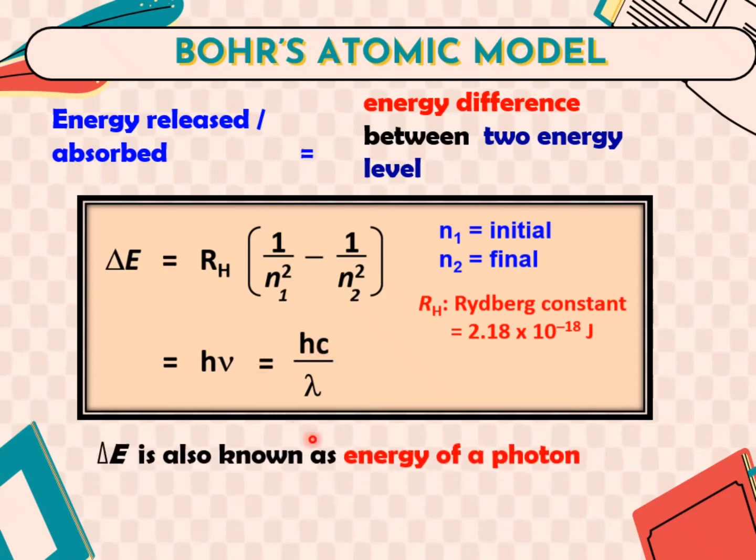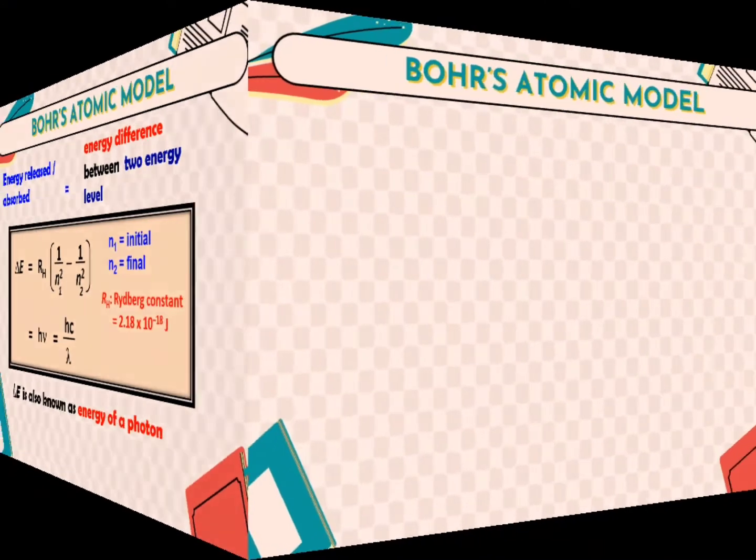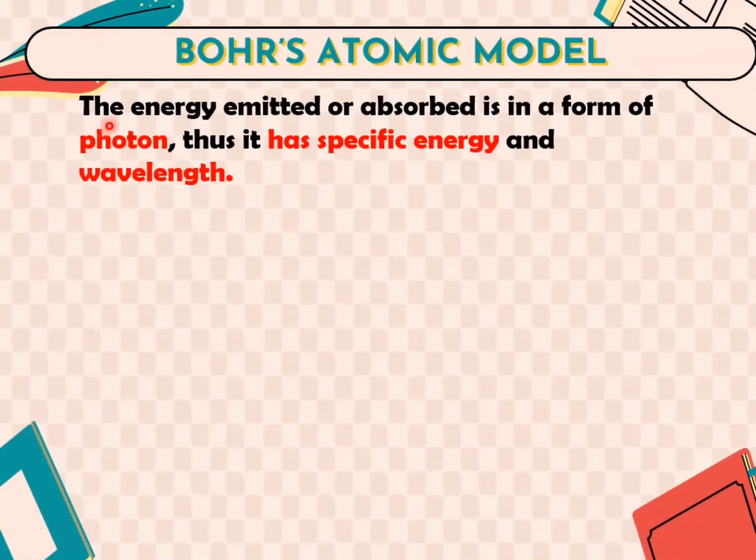Delta E also known as energy of a photon. Photon apa? Photon tu sebenarnya adalah cahaya atau tenaga yang telah dibebaskan oleh elektron. The energy emitted or absorbed is in a form of photon, thus it has specific energy and wavelength.